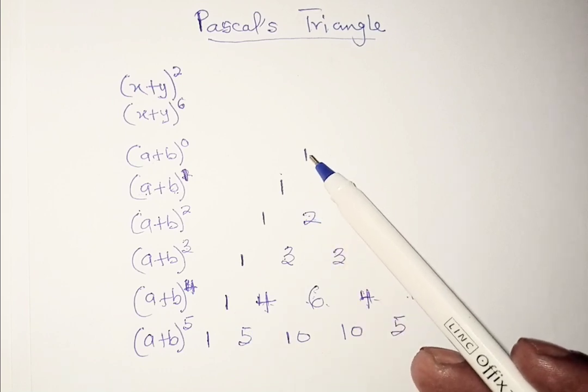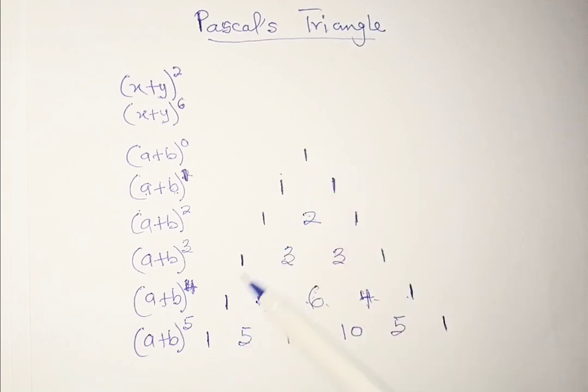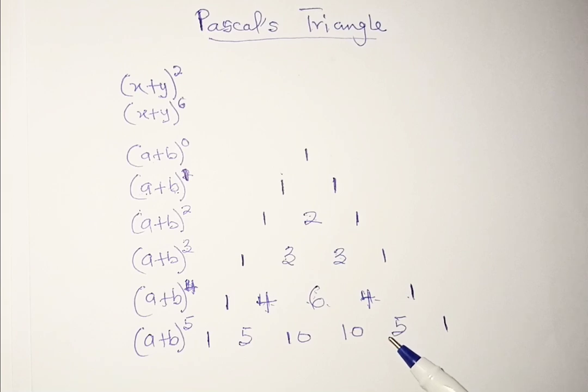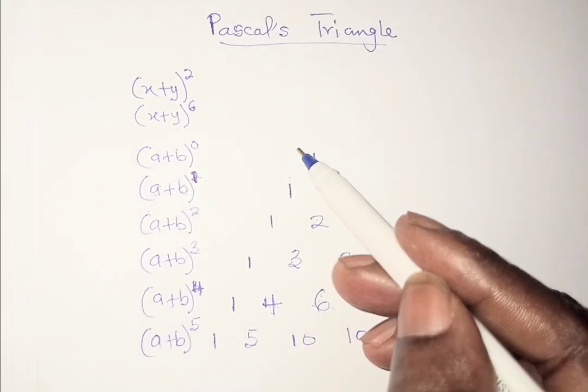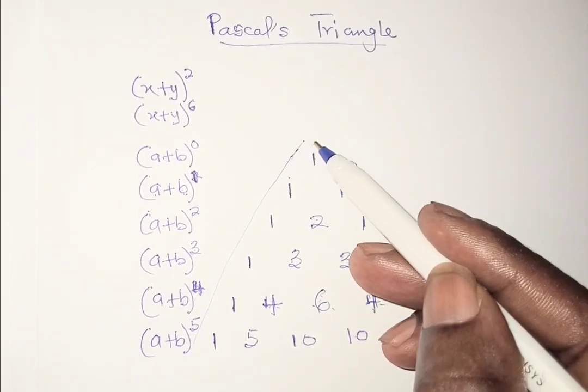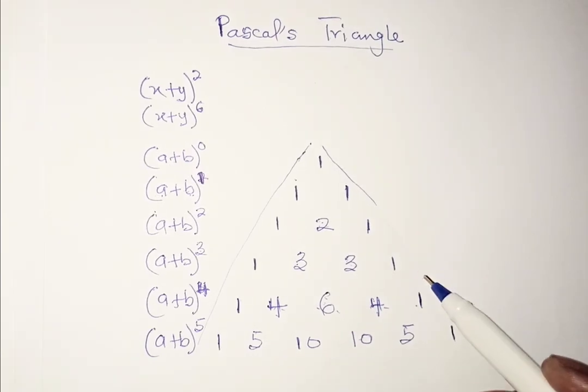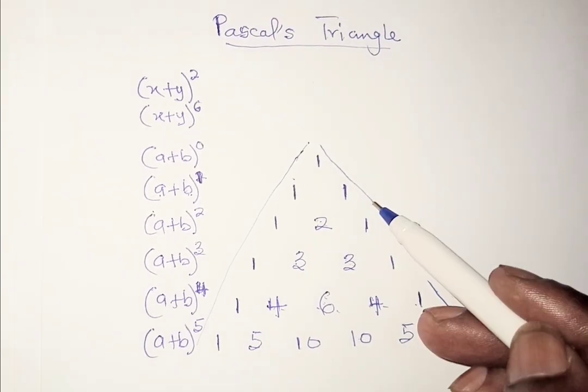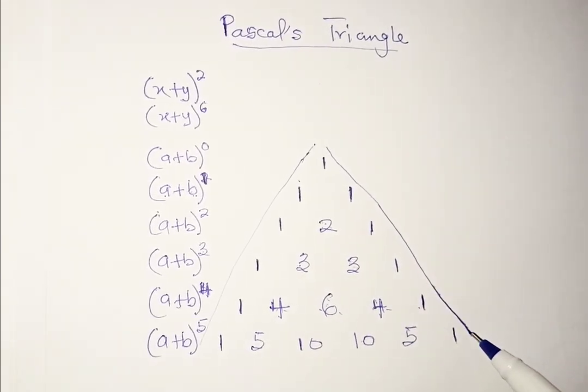So Pascal's triangle is a triangular array of numbers that follows a specific pattern. Looking at it, you see that it is following a pattern. Isn't it interesting? Yeah, very interesting. If you look at it, you see that it is forming a triangle. Have you gotten that? That's why we call it a triangular array of numbers.